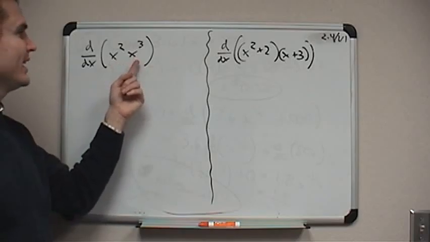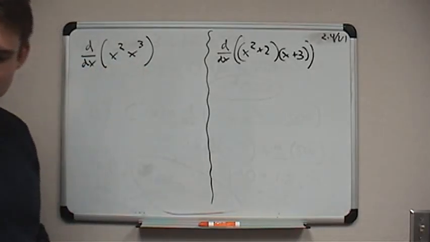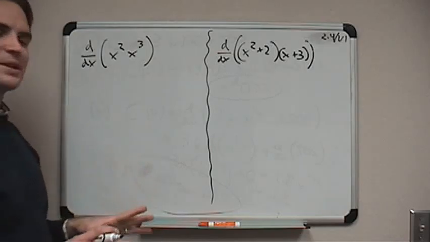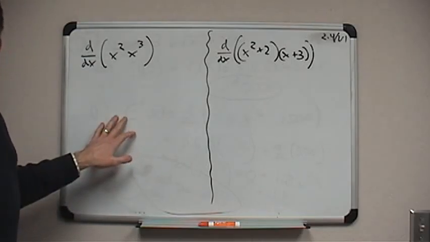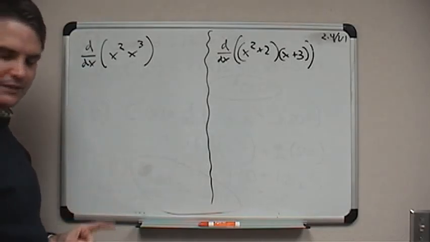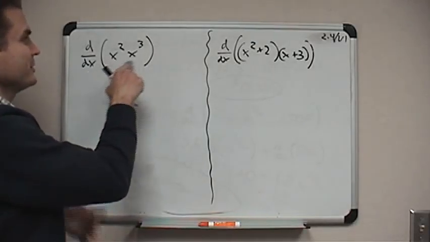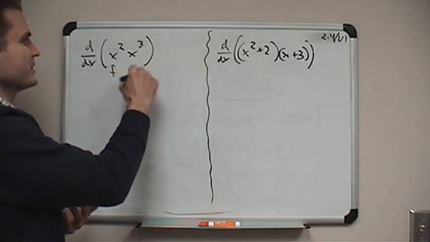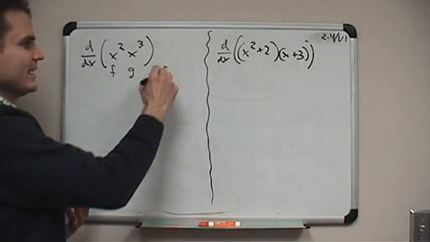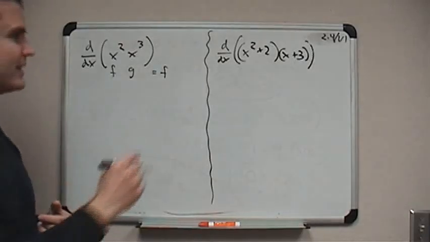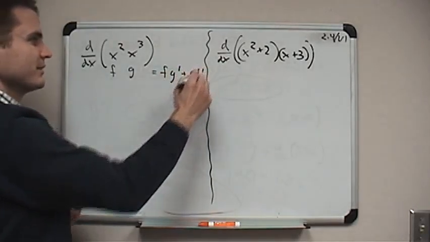I've got x squared times x cubed, and I want to find the derivative of that. Now, what the product rule says, and it always confuses me because it's written a little bit differently in every book, but in our book they say the product rule is the following: if we have two functions multiplied together, f and g, the derivative of f times g is the function f, times the derivative of g plus g times the derivative of f.